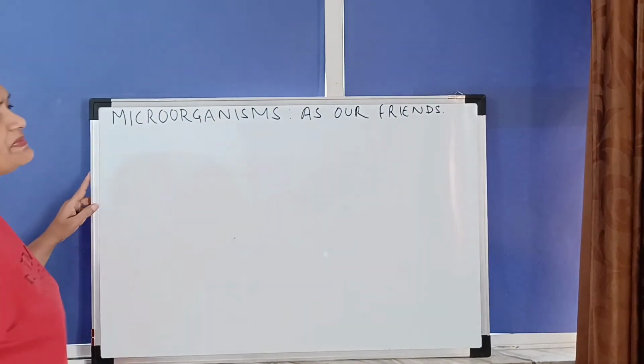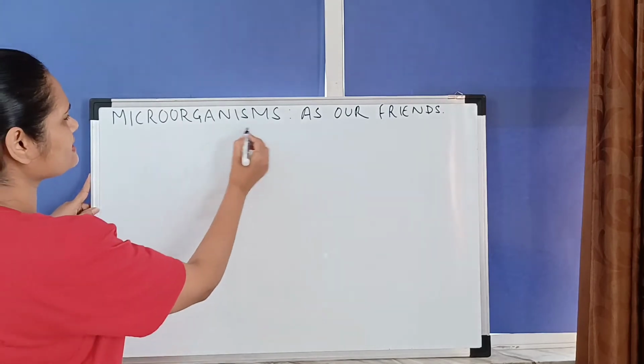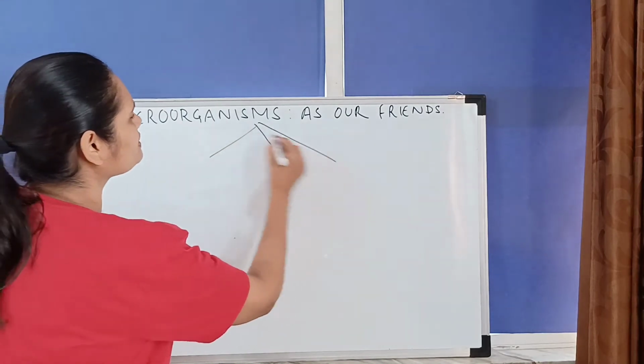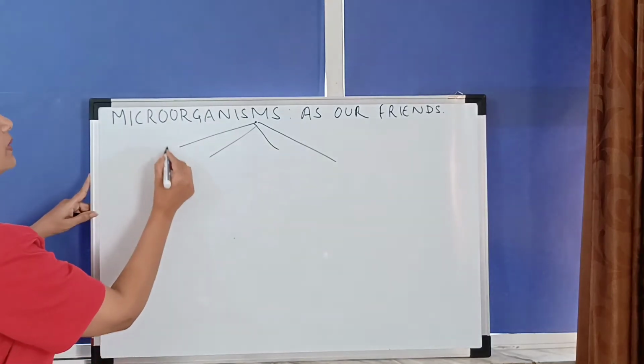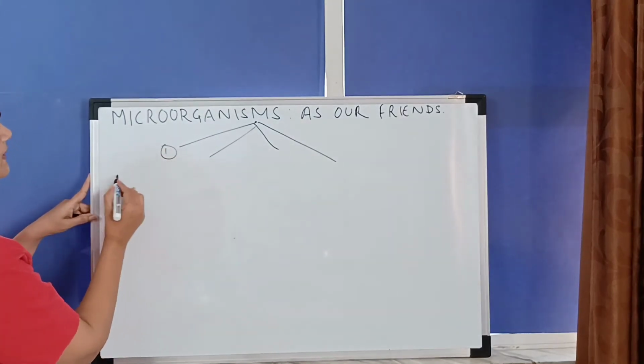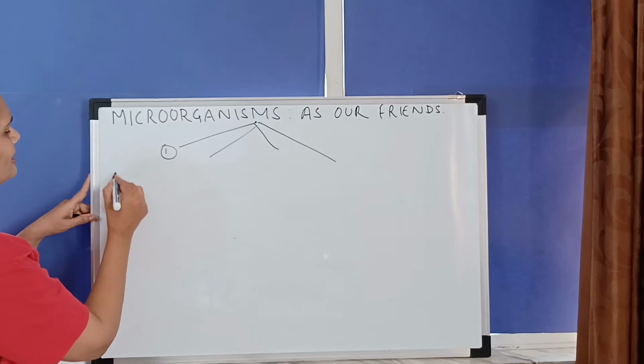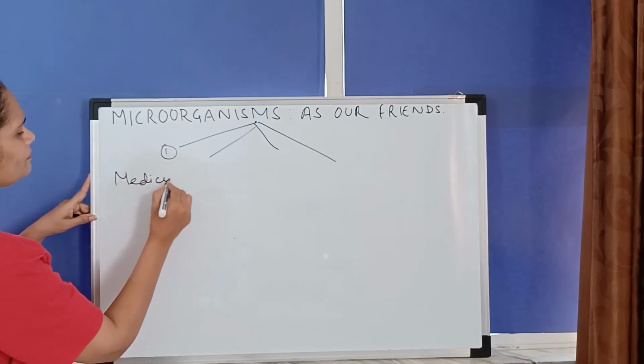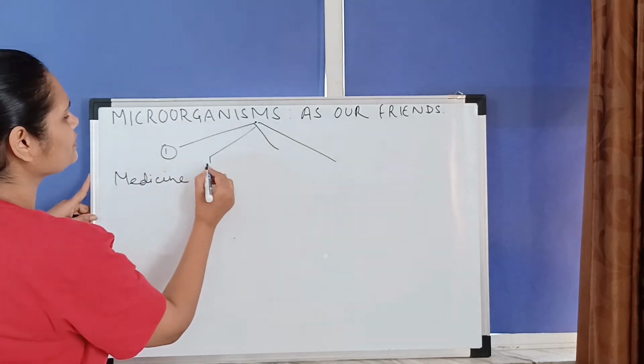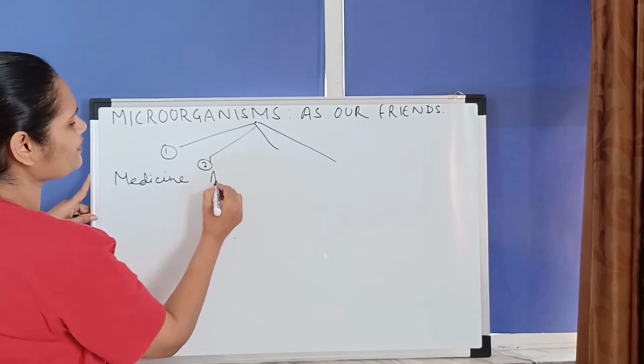See, microorganisms are our friends. They are helpful for so many things. Number one, they are helpful in the field of medicine. Number two, they are helpful in the field of agriculture.